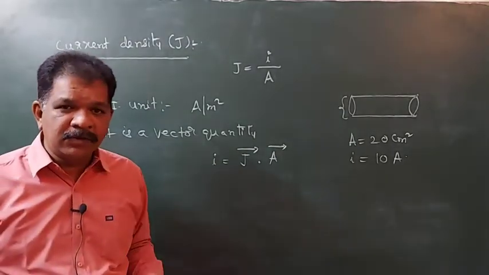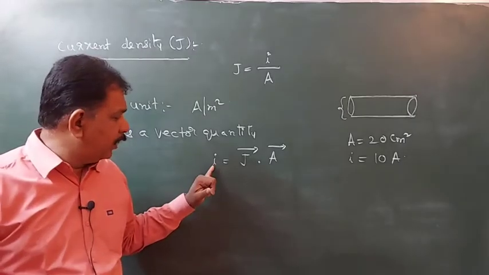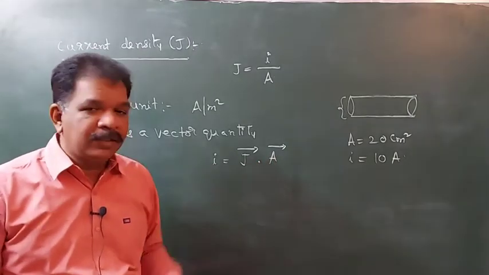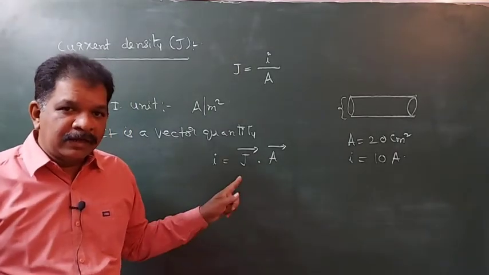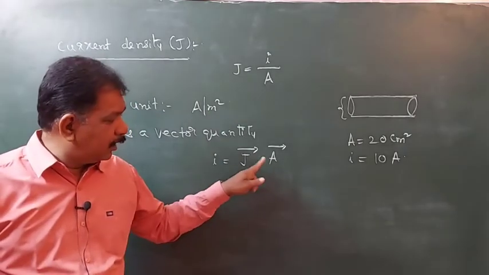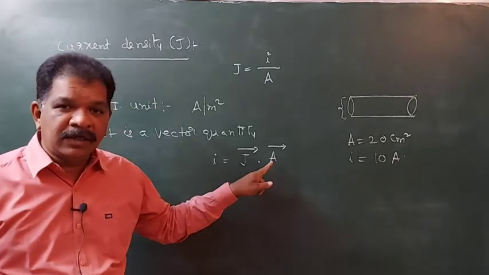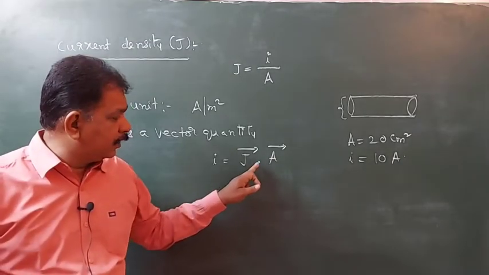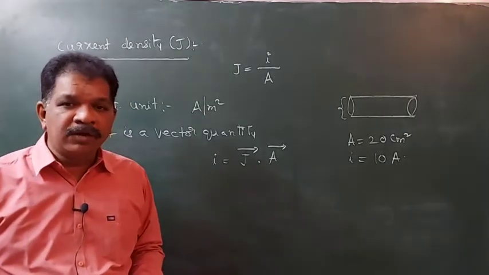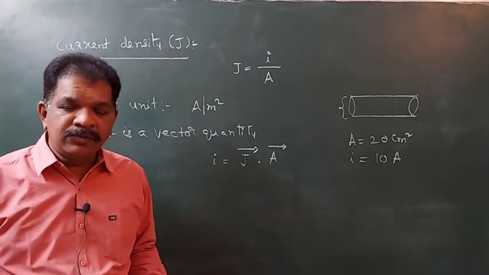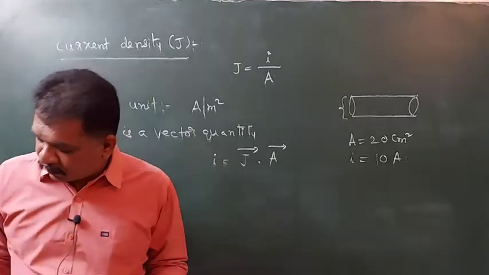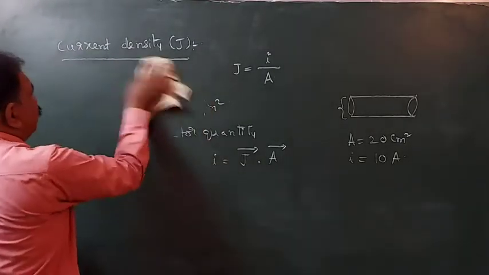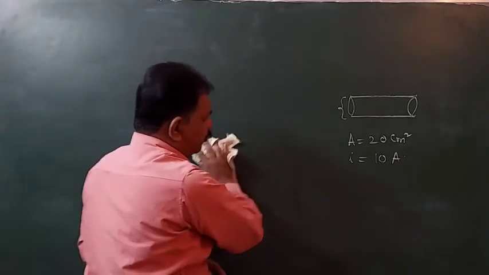Then we have to use the formula J bar dot A bar. To find the electric current, we use I is equal to J bar dot A bar.